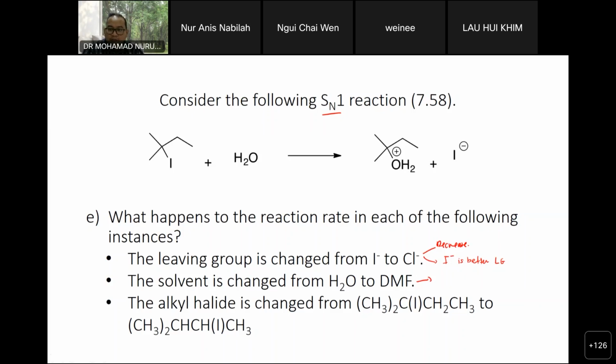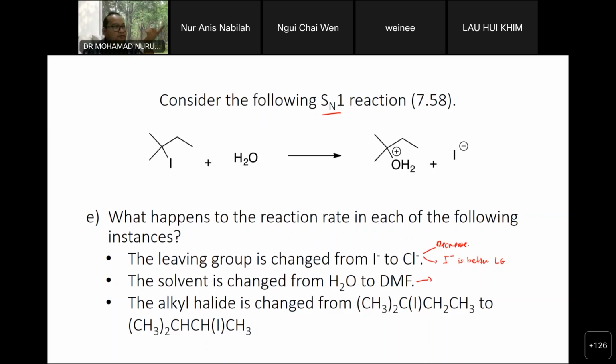Actually, there are 4 effects that we have to consider. The first one, okay, congratulations, it's decreased. So there are 4 considerations you have to make when you want to determine whether the reaction is fast or slow, SN1 or SN2. First, you have to check the alkyl halide.